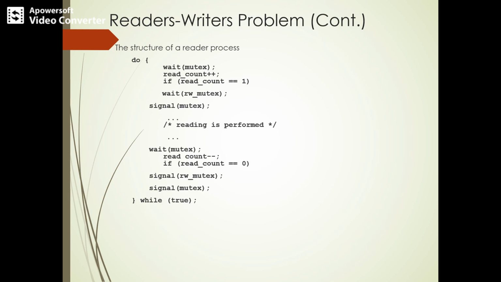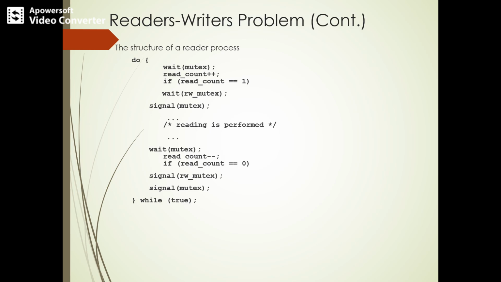In order to set a lock over this variable, you ask for the mutual exclusion lock just before this. That is, wait of mutex is executed before read count plus plus. And if the read count variable reaches 1, then you ask for the read write mutex.